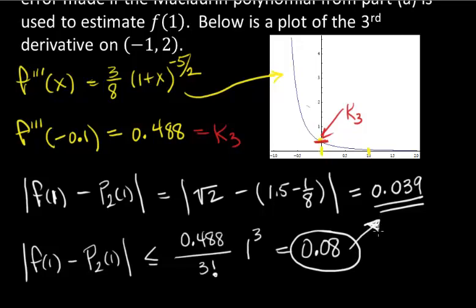Now, in applications, if you knew what the actual error was, if you had a way of calculating that easily, why in the world would you do an approximation? So keep in mind, these are just problems to illustrate how you use Taylor's theorem. In practice, you really wouldn't know what the error is, because the whole point of approximating would be the fact that you couldn't calculate f at x naught.